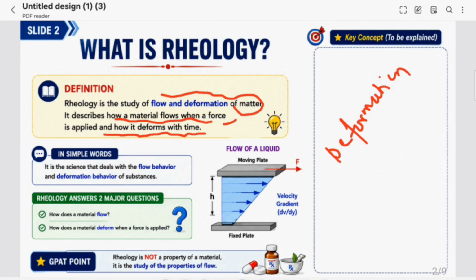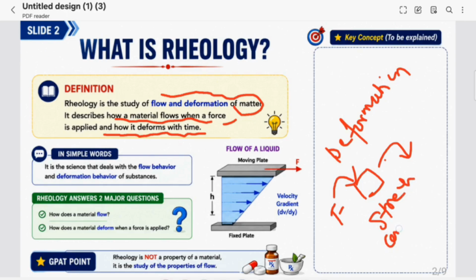Deformation means that when any force is applied to a substance, it undergoes some changes. These changes may be stretching or compressing, or bending, or twisting, or it may flow.